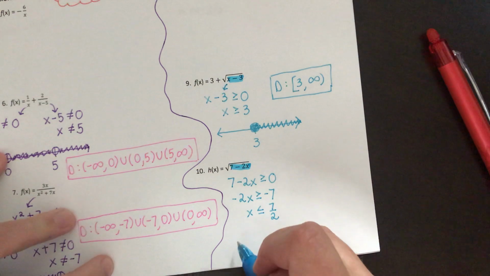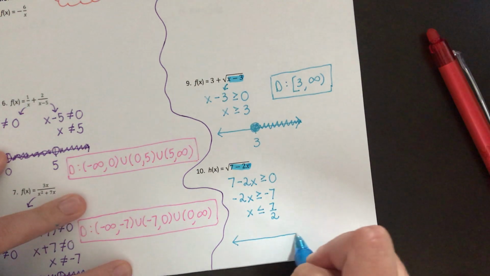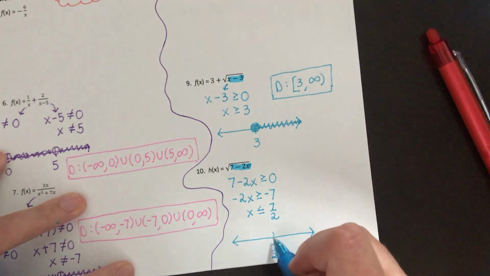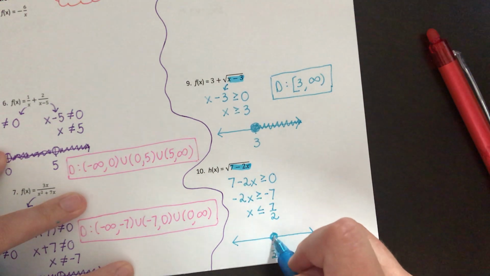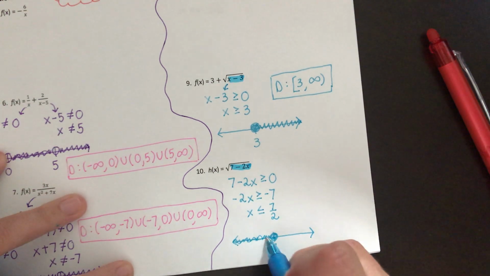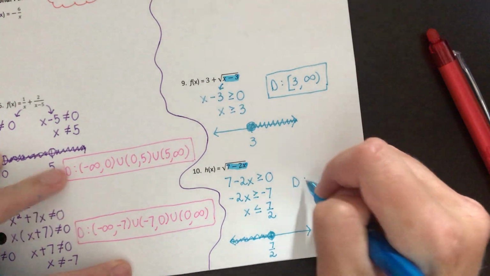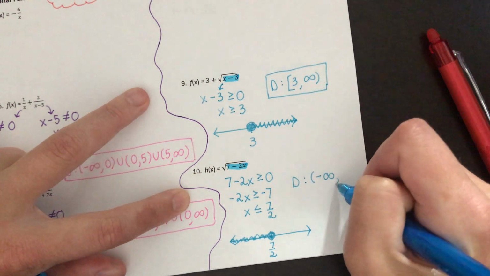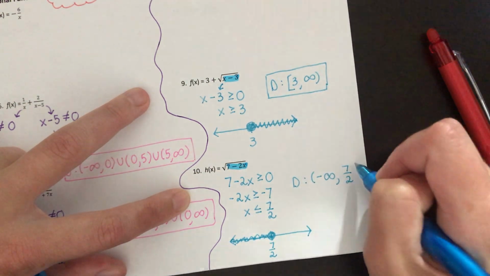So x is less than or equal to 7/2. The only point I need on this is 7/2, and this time it is shaded, and we go less than. So my domain here is going to be negative infinity to positive 7/2.